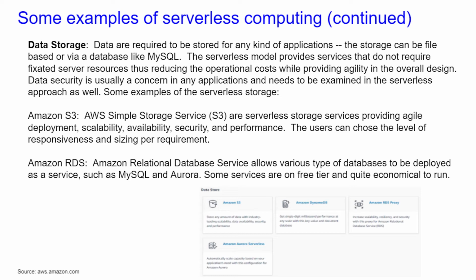The user can choose the level of responsiveness and sizing per requirement. Amazon Relational Database Service, or Amazon RDS, allows various types of databases to be deployed as a service, such as MySQL and Aurora. Some services are on the free tier and quite economical to run.